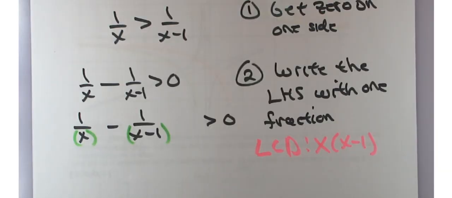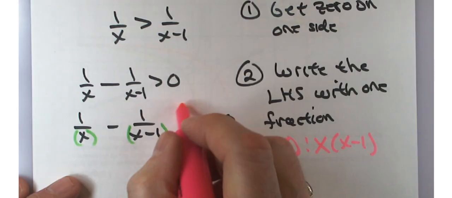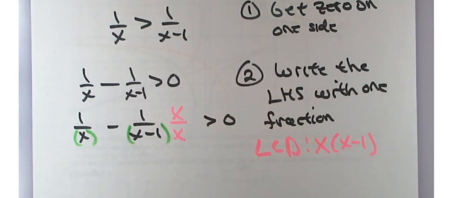Now as I look at these fractions, what am I missing here that I have as part of my LCD? X. So I'm going to multiply by x over x. How about over here in this first one?